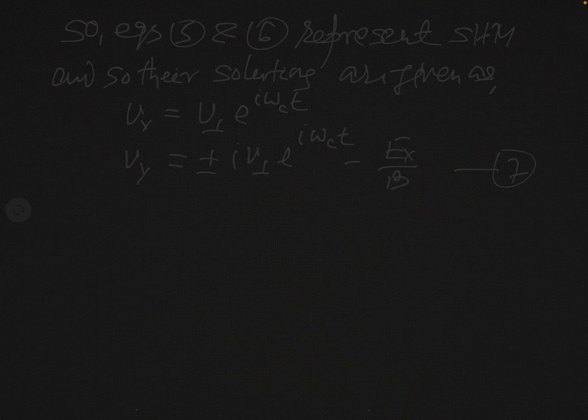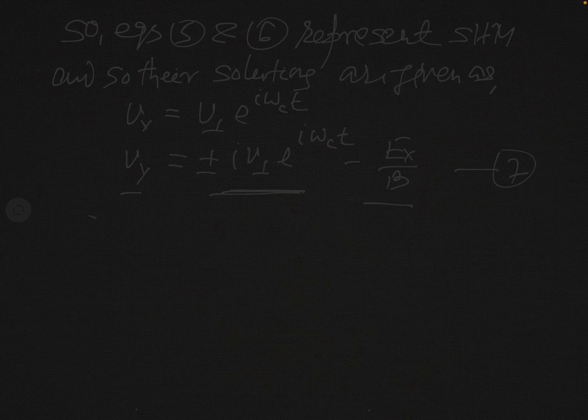You can see this drifting will be in the negative y direction, because Vy is now equal to this much. The first part represents the Larmor gyration, and the term minus Ex by B represents the drift velocity of the guiding center.